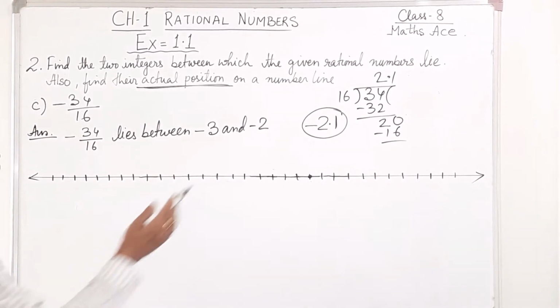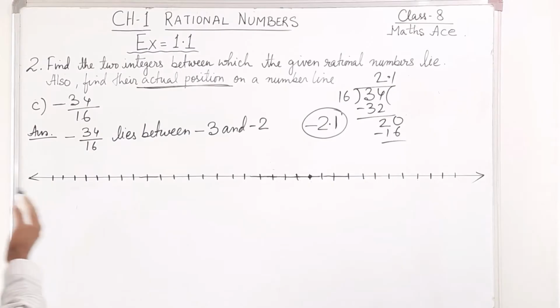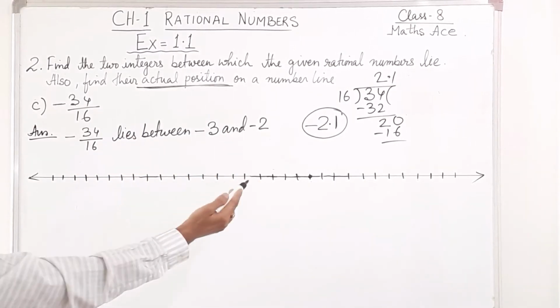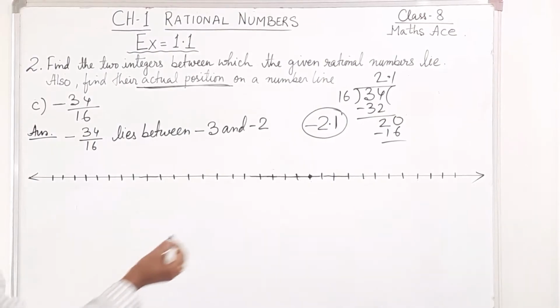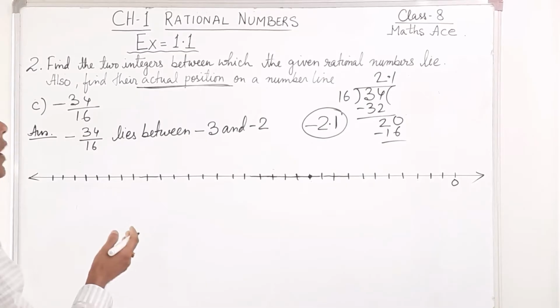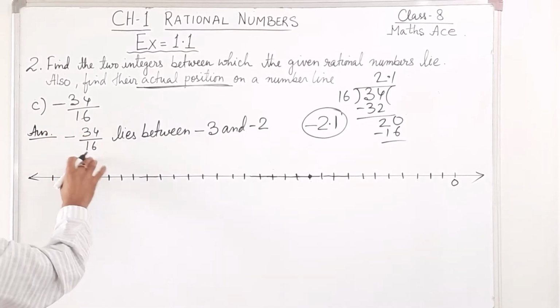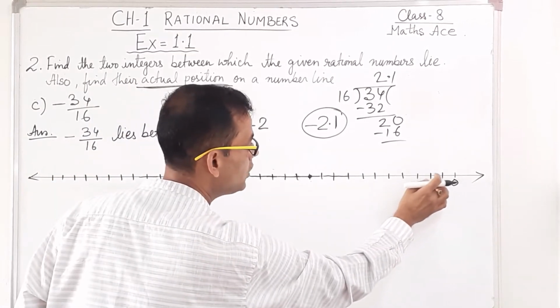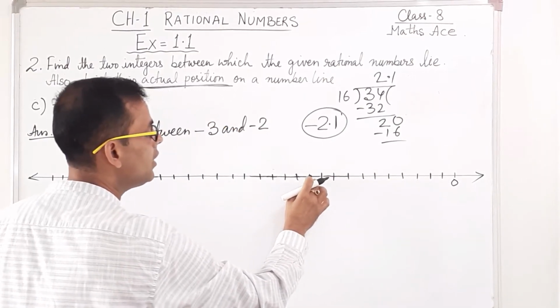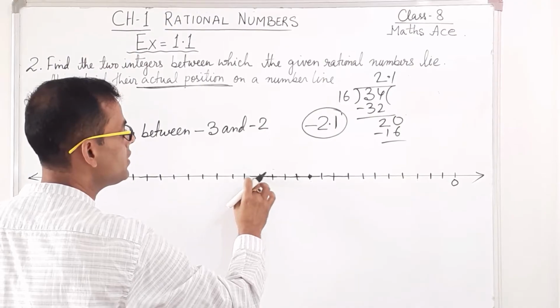It is going this side, towards the left hand side, okay, not on the right hand side. 0, then minus 1. Now how will we write minus 1? Suppose here I put 0, then minus 1 I have to write here. You can see 16 boxes: 1, 2, 3, 4, 5, 6, 7, 8, 9, 10, 11, 12, 13, 14, 15, 16.